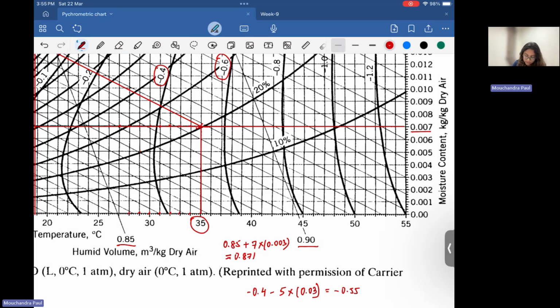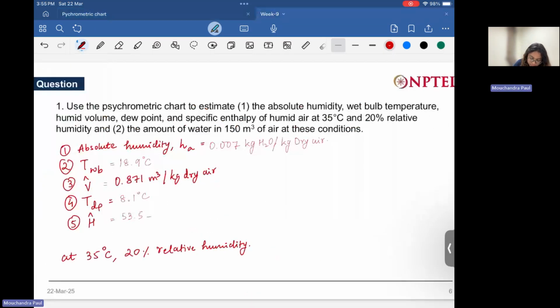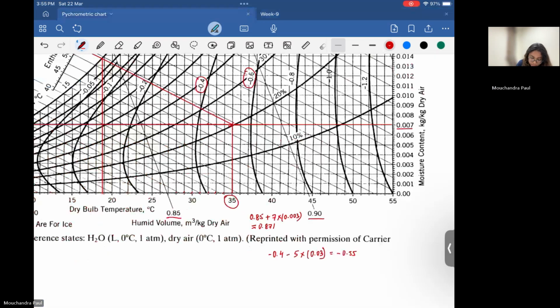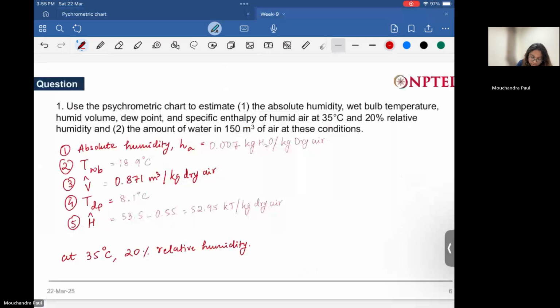Okay. So we have to subtract this value like this, and you would get 52.95 kilojoule per kg dry air. All right. So this is how you will complete part 1.